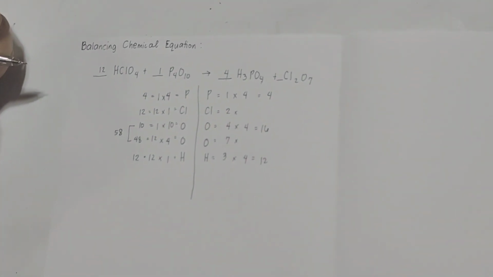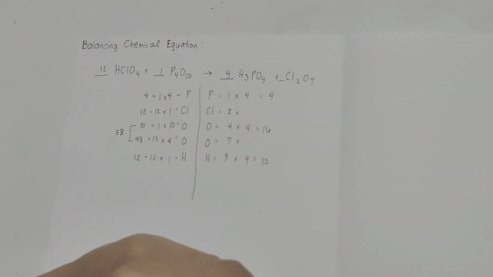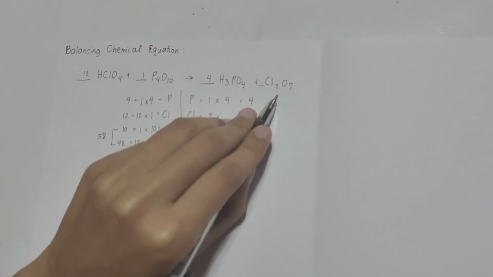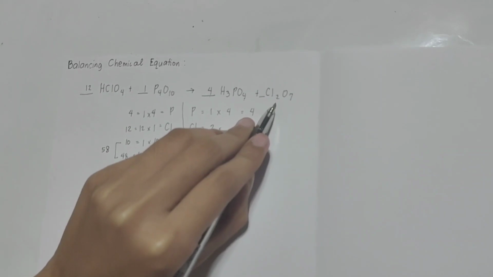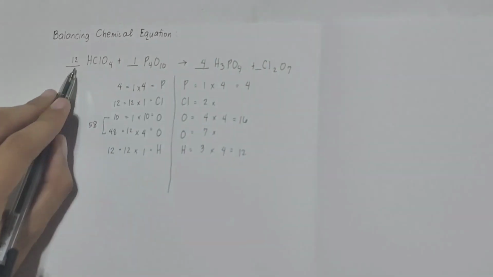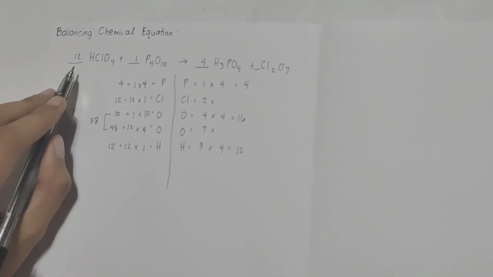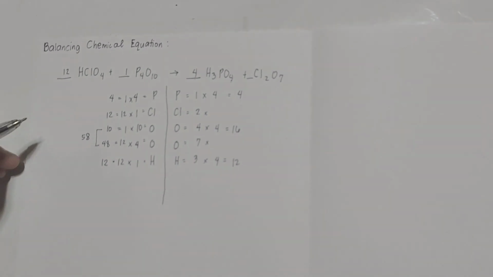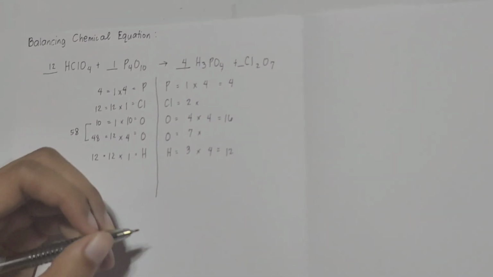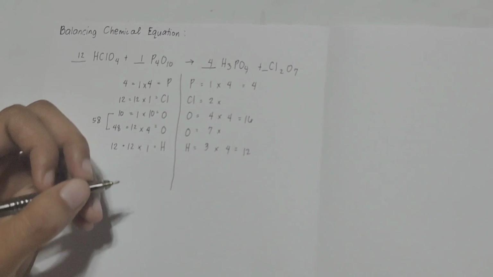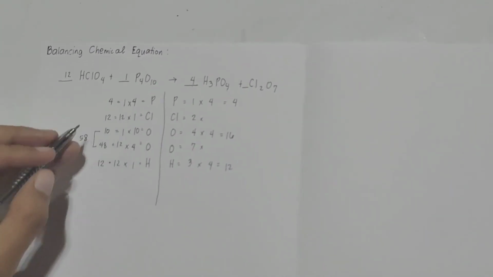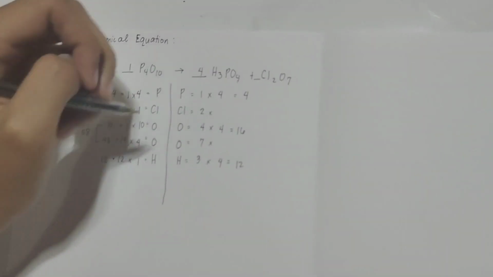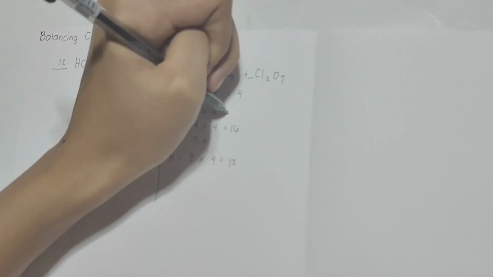To find the coefficient for dichlorine heptoxide, we need the least common multiple, the LCM, of 2 and 12. The LCM of 2 and 12 is 6. So how about we try placing 6 as our coefficient?